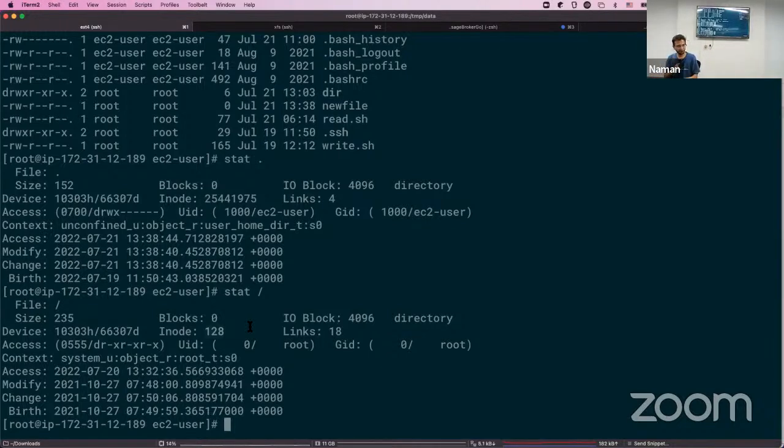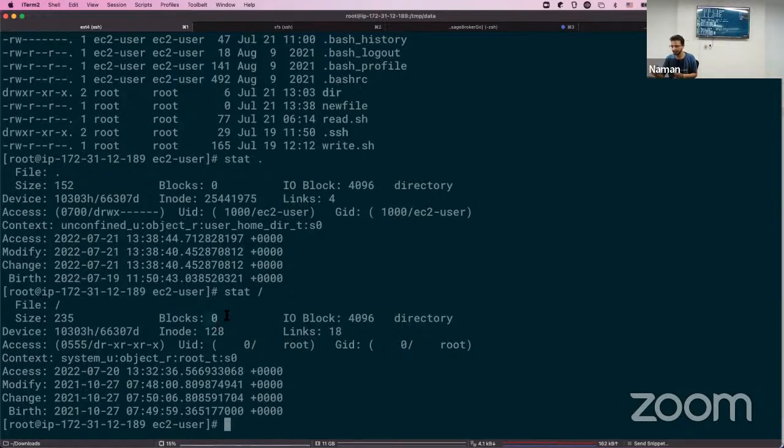So the root directory has the inode number 128. Now what do you think should be the metadata info of the root directory or any directory, for example? Access time and all of these are there, and blocks.